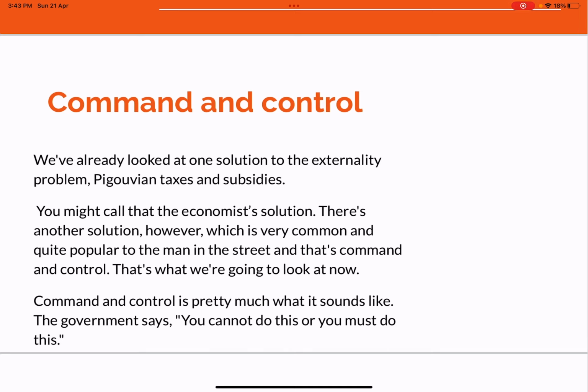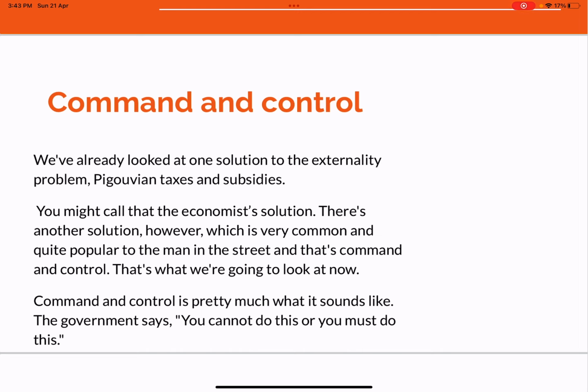The third solution, which we will be discussing in this lecture, is what is known as the command and control solution for controlling externalities. Why are we discussing this in an environmental economics course?